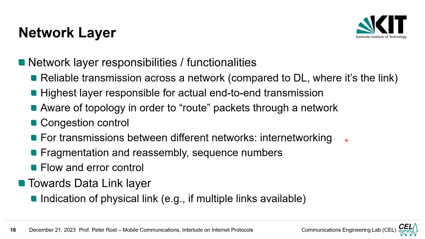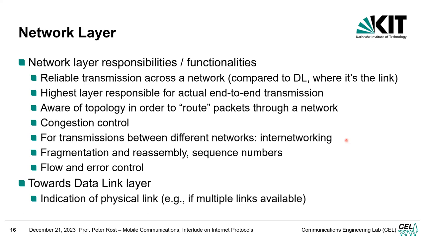It makes sure that you can connect different subnetworks or different networks with each other. It also performs fragmentation, reassembly, sequence numbering, flow and error control. And towards the data link layer, it always has to indicate the data link layer connection that is used, which eventually also maps to a physical link.